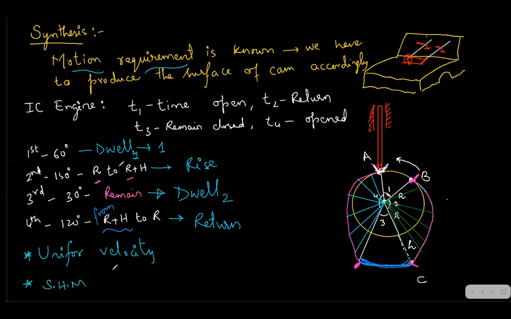While the follower is rising, it should go upwards with simple harmonic motion, and while returning also, it should follow simple harmonic motion. Then you have uniform acceleration and retardation motion, also called uniform acceleration and deceleration. And the final one is cycloidal motion of the follower. These are the basic things which we are going to discuss in the coming videos.